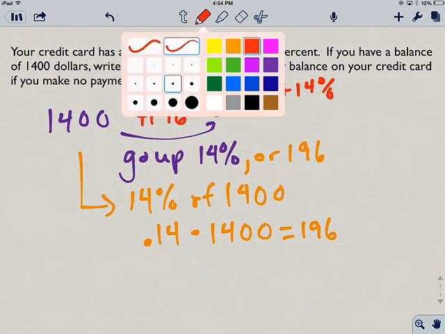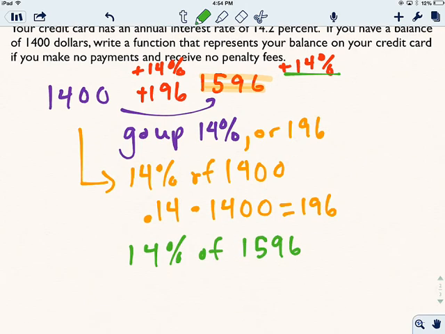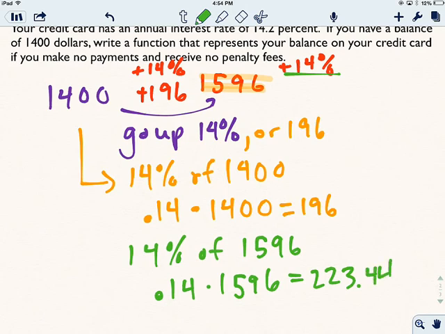I guess I can use, let's use red this time. I guess I've already used that. And so the calculation to add 14% is going to be down here in green. 14% of 1,596 is going to be 0.14 times 1,596, and that gives me $223.44, and so this is the same as adding $223.44.